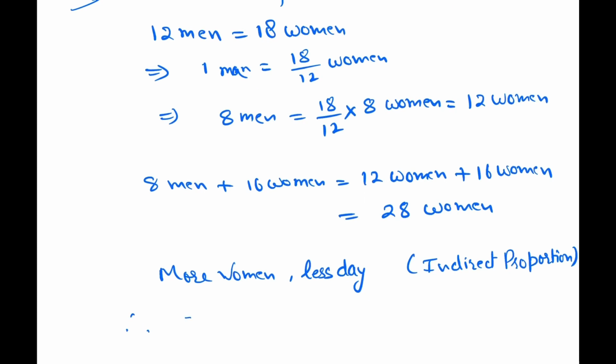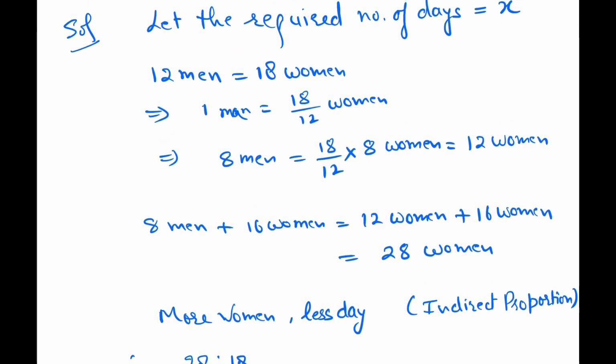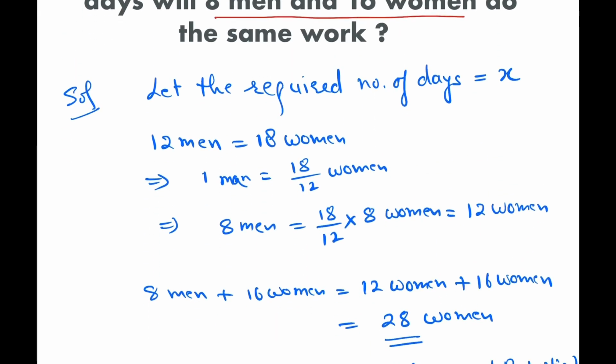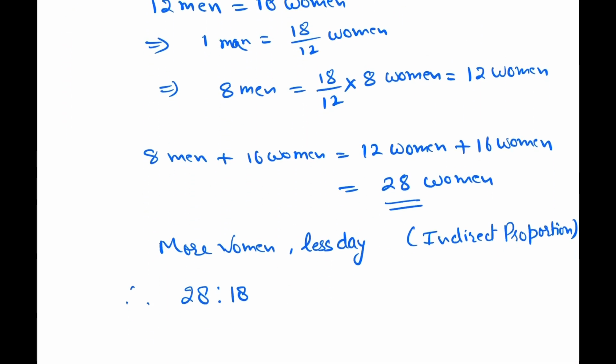Therefore, 28 is to 18, meaning here 28 women and in the first case 18, so 28 is to 18 in proportion to 14 is to x.